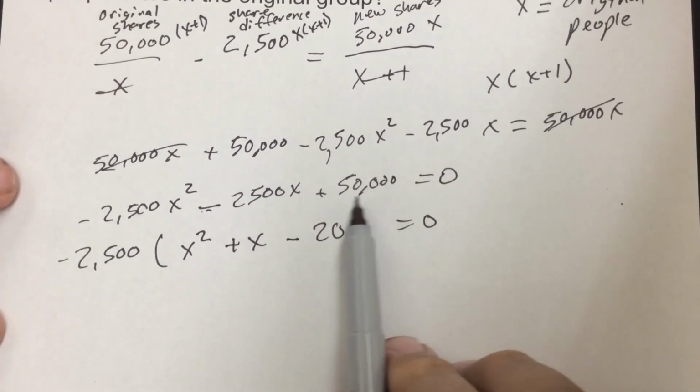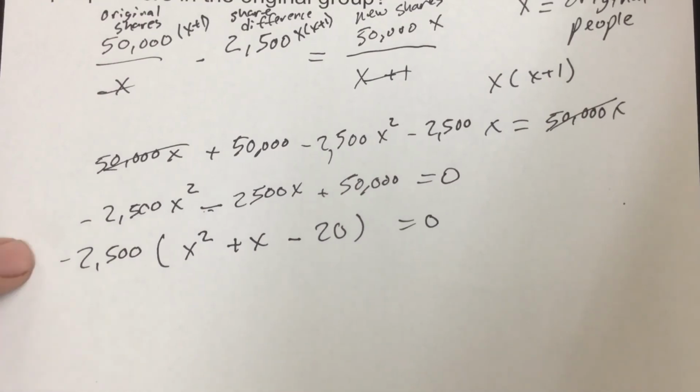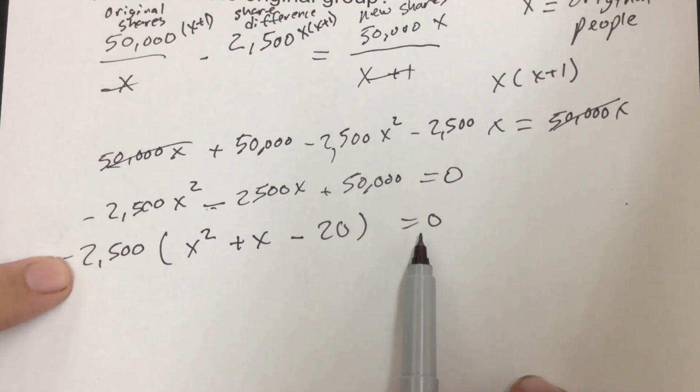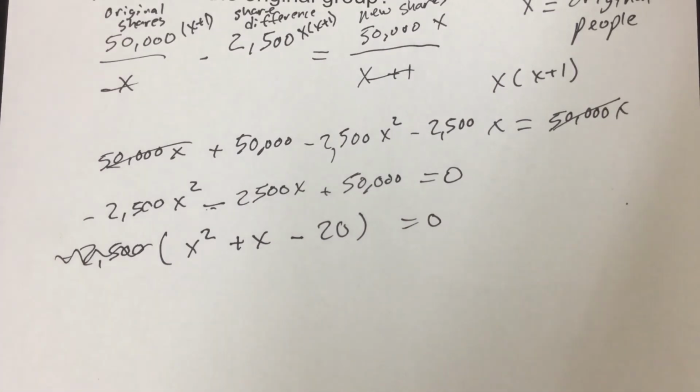If you take 50,000 divided by 2,500, you're going to get 20. And by pulling that negative out, that makes it a lot easier to work with. Now, if we divide this over, it would be gone. Because it's just a number and no X, it really isn't going to factor into anything.